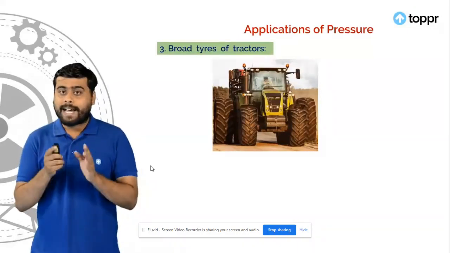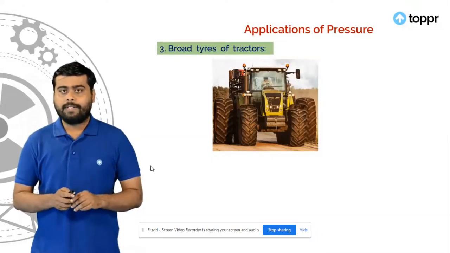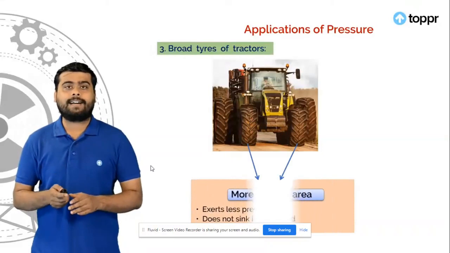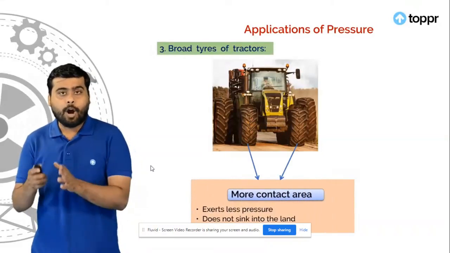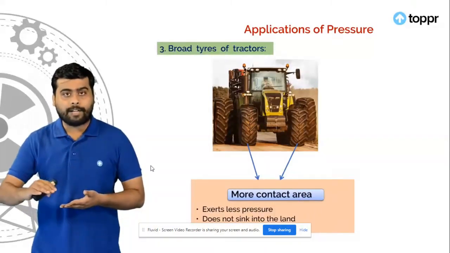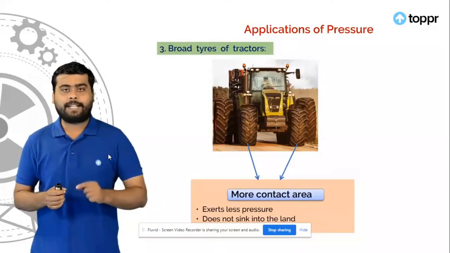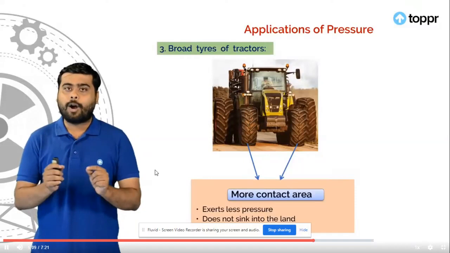But we can prevent it. How? You can see that this tractor has some broad tires. These broad tires will have more contact area, and because of that they will exert less pressure, so it will not sink into the land.